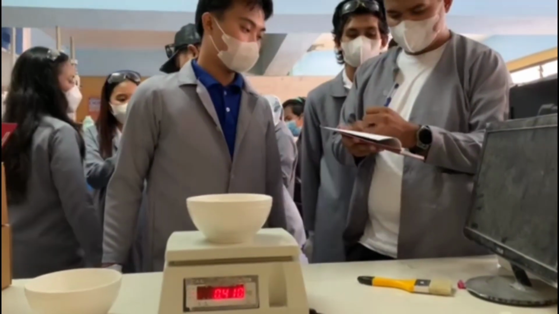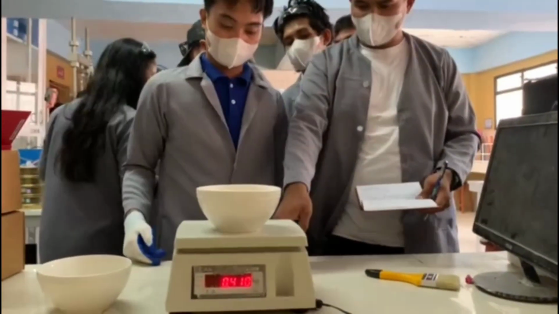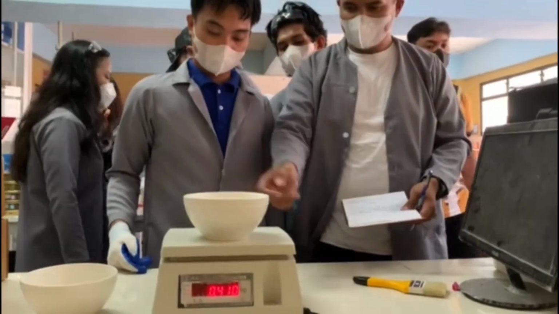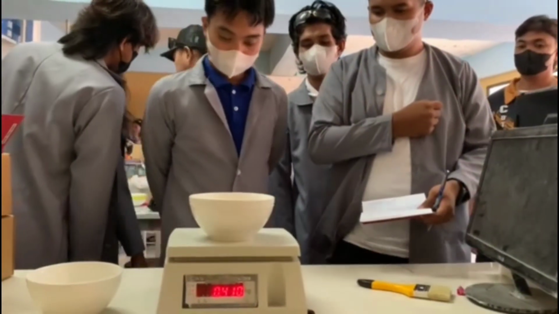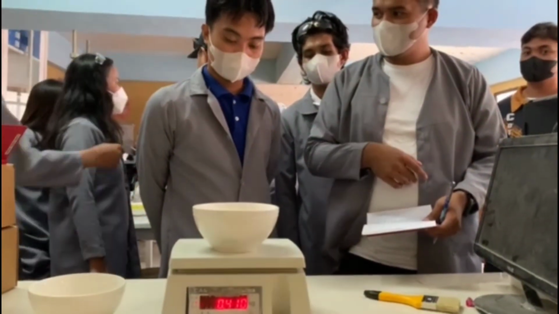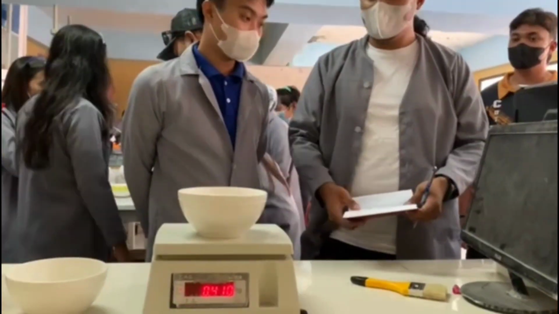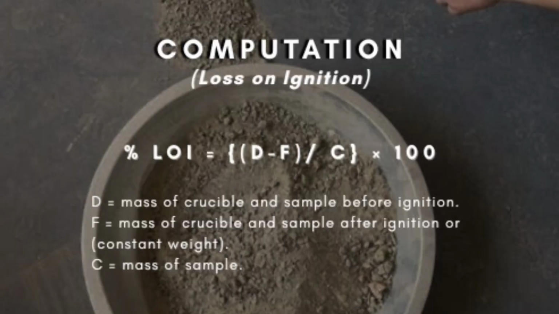Finally, we weighed the crucible with the sample after ignition and recorded the final mass. So here's how to determine the chemical loss. We use the formula for loss on ignition, or the LOI.